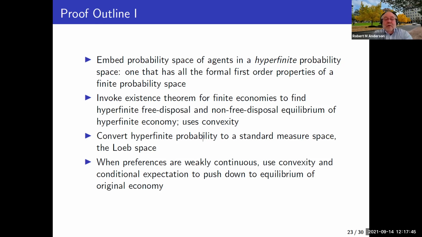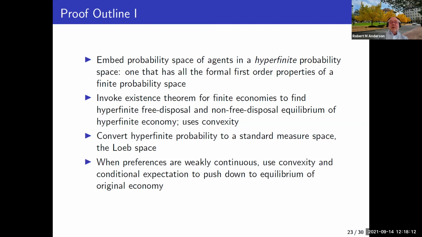And then when preferences are weakly continuous, so this is a restriction on the externalities we allow, but it's certainly sufficient to allow for global warming through carbon dioxide emissions, we use convexity and conditional expectation to produce an equilibrium of the original economy.